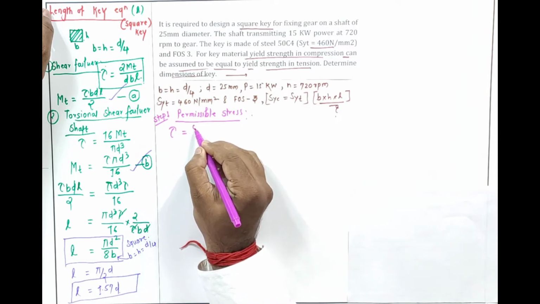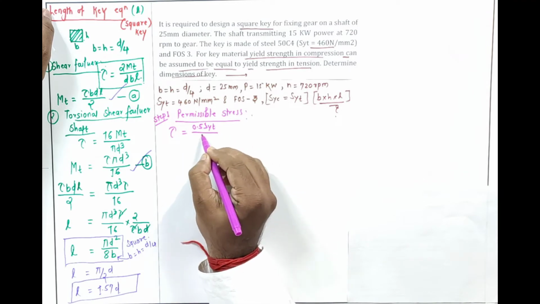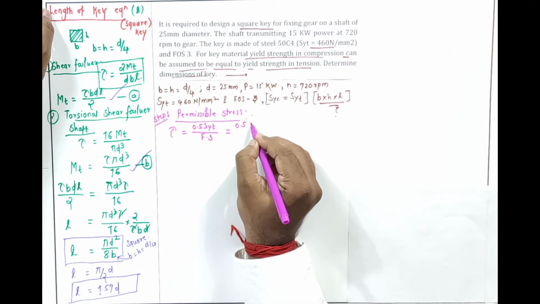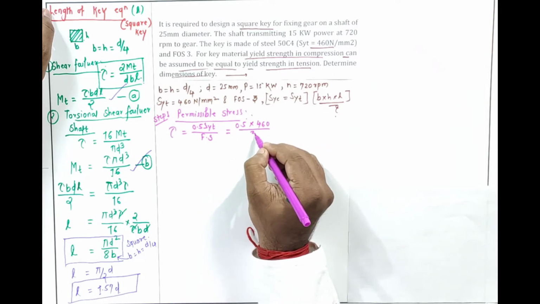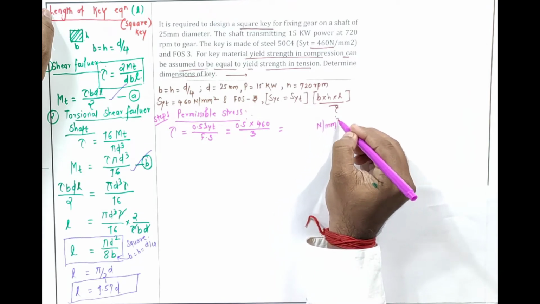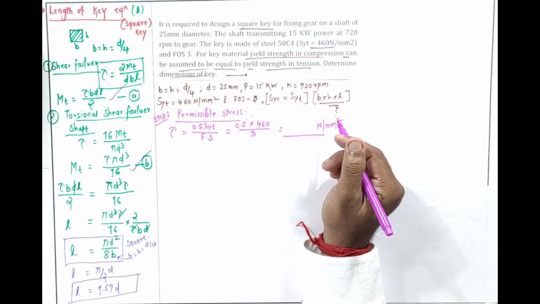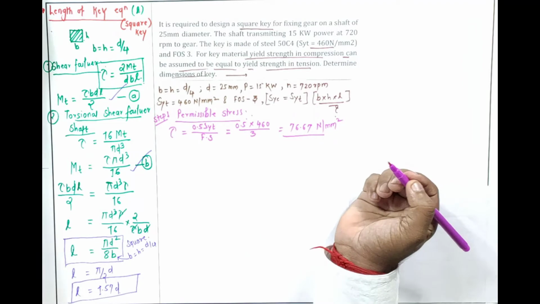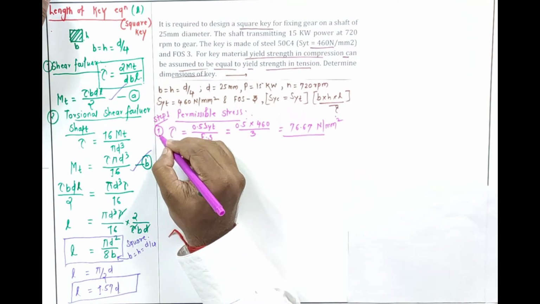Tau is equal to 0.5 of SYT by factor of safety. Now 0.5 SYT, with SYT given as 460, divided by factor of safety 3. Use a calculator from your side. The permissible shear stress is 76.67 Newton per mm square. This is the permissible value for shear.